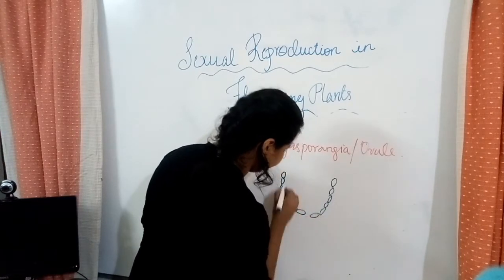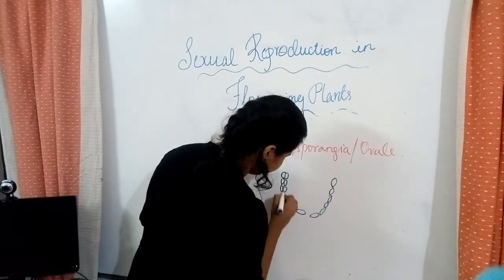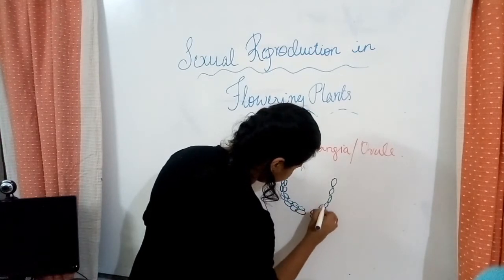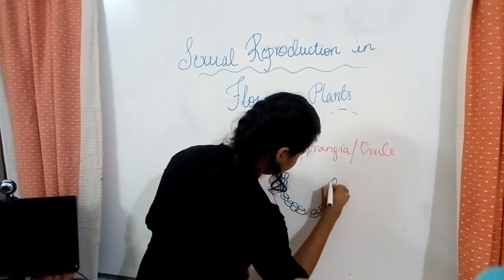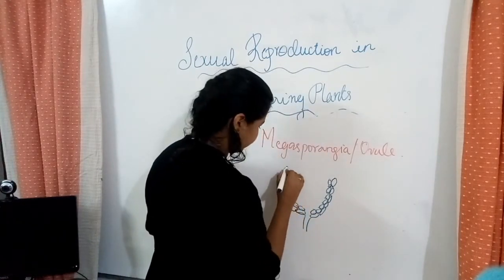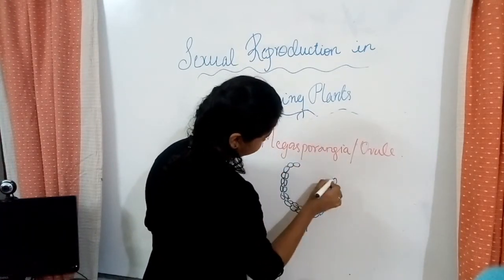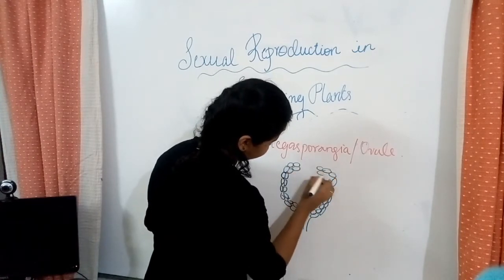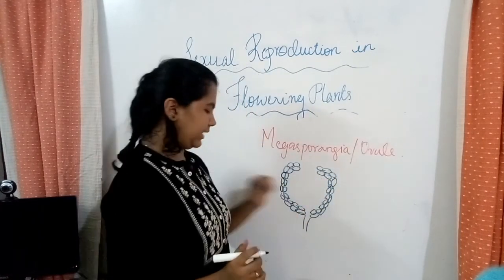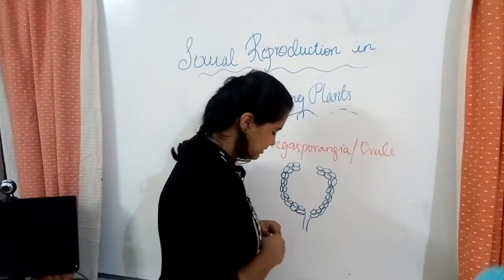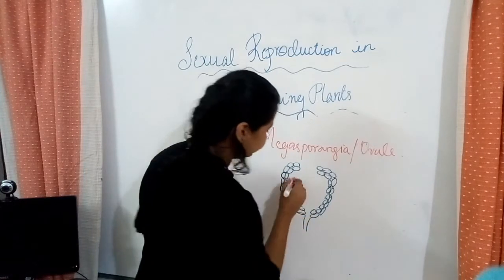This is the rough diagram of the sporangia. Now there is something inside also. Let's draw.